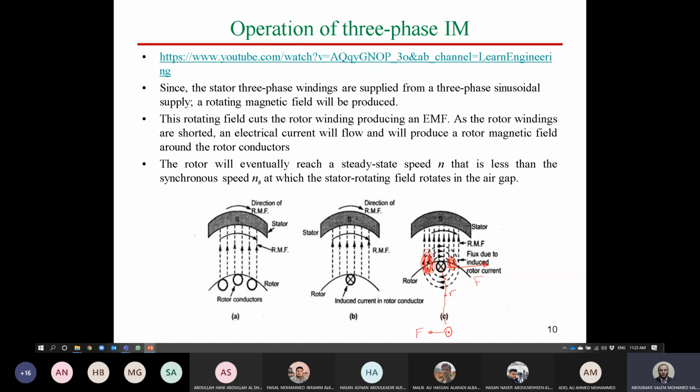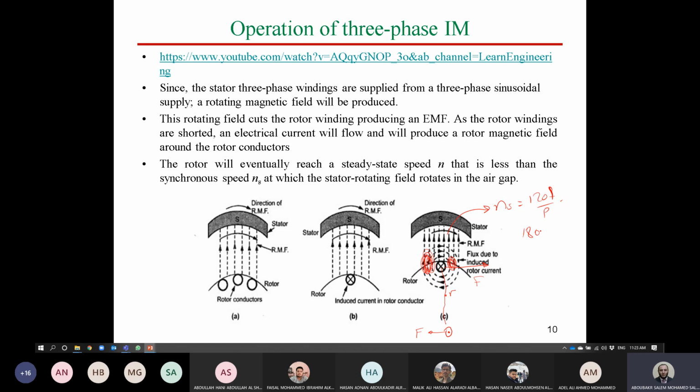Right, now we understood how the machine is starting, but we would like to understand how the machine will reach steady state. Starting does not mean it's steady state. Starting means the machine has flux, for instance, moving with a speed of ns equals 120 f over the number of poles.